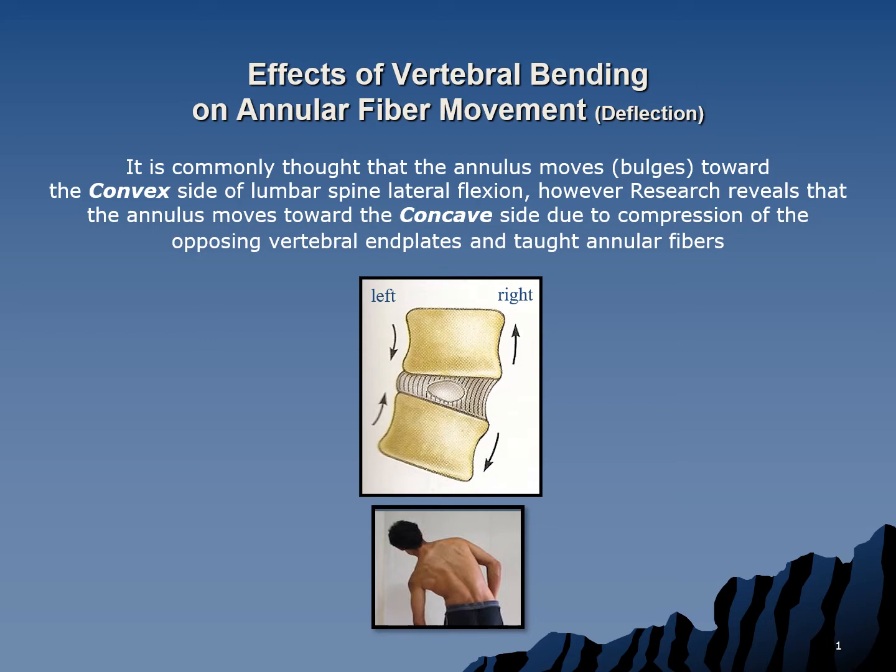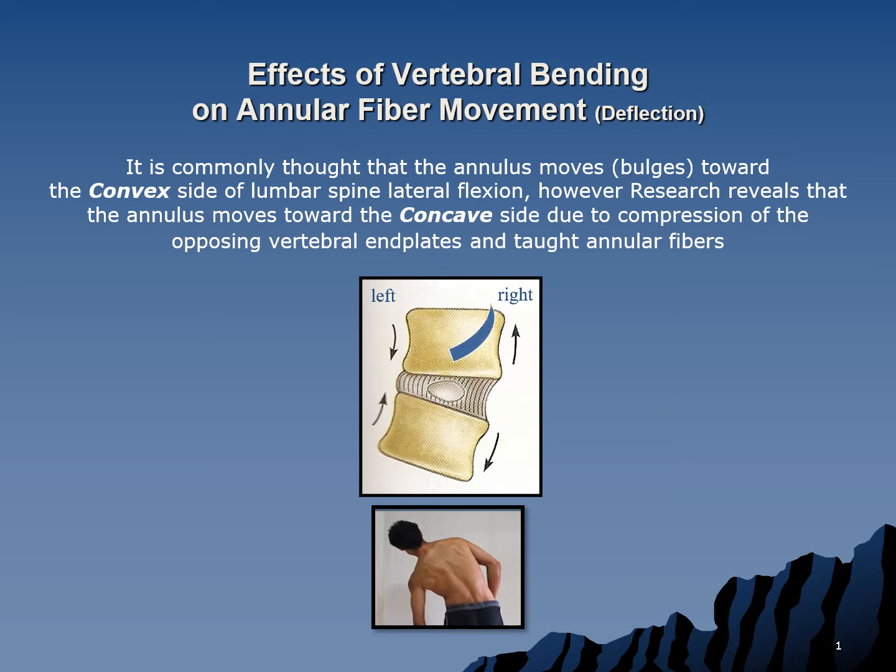However, research has revealed that the annulus actually moves toward the concave side, and this is due to compression of the opposing vertebral end plates and the taut type 1 collagen annular fibers.